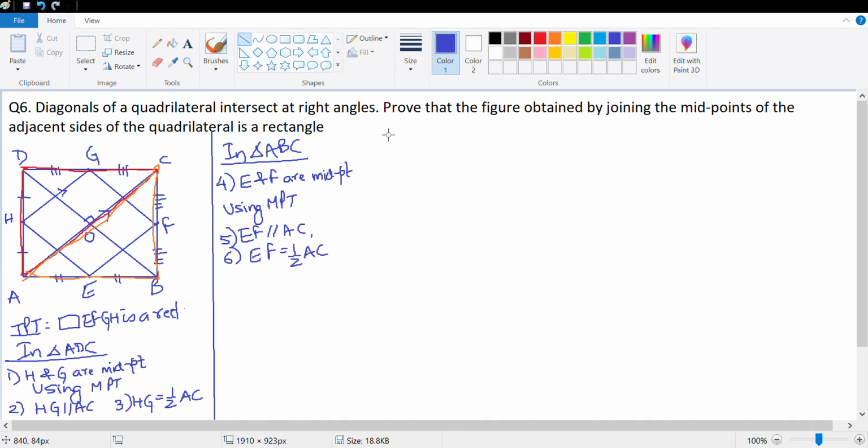This question is similar to the one that we did earlier, but there it was given to be a rectangle, so we knew that the two diagonals are equal. Here the two diagonals are not given equal. So let's see what I've got. I've been able to prove that HG and EF are parallel, and that this is half of AC, this is also half of AC, which means HG and EF are equal.